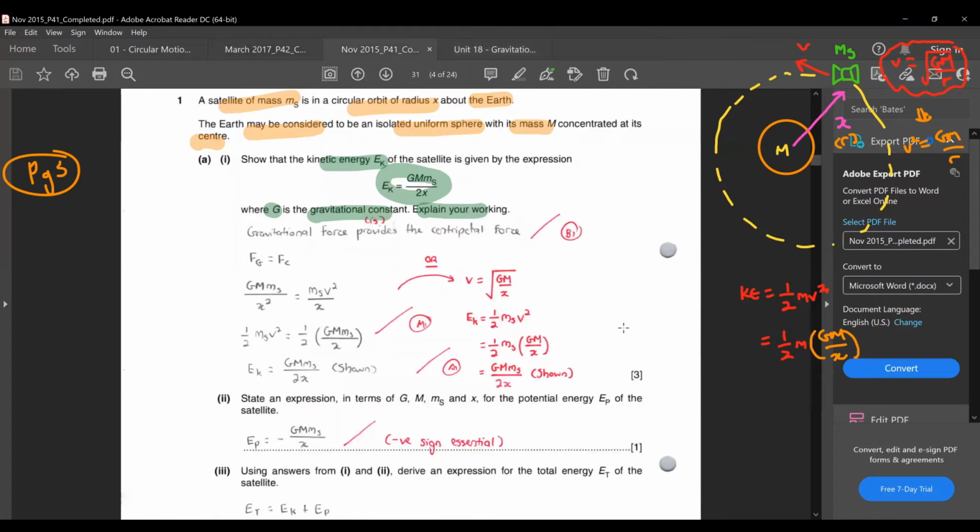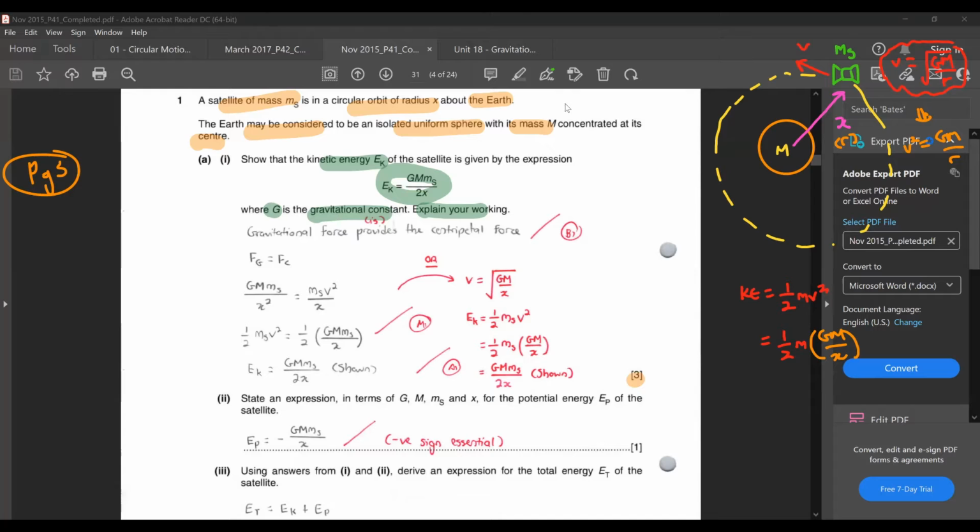But you see, this particular question is 3 marks. If you just did it like this, like the one that I just wrote on the screen, you get something like this. EK is half m_s v squared. This one is the general equation. Eventually you get GMm_s over 2x equals EK.